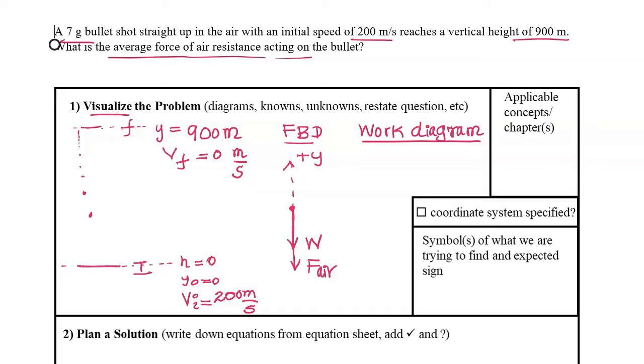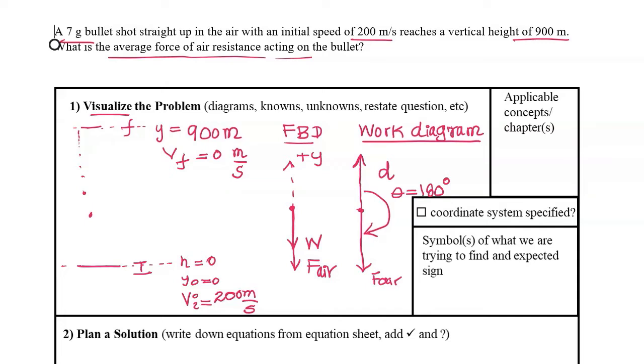And then the work diagram. In this course, we talk about two conservative forces, weight and the spring force. All the other forces are non-conservative forces. So here we have the force from the air resistance, and it's directly downwards.